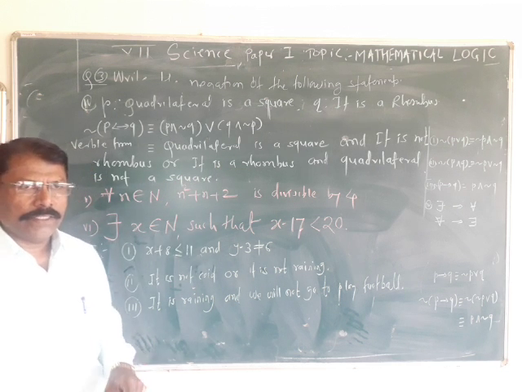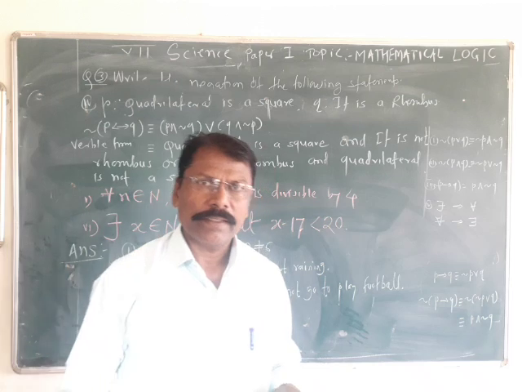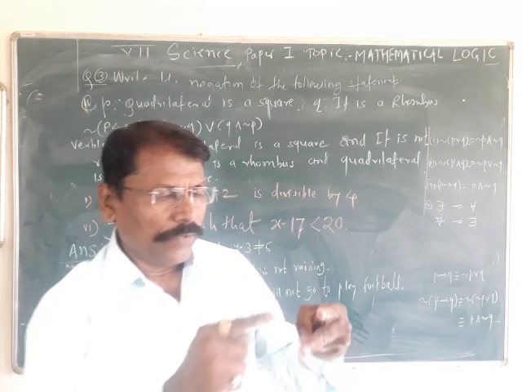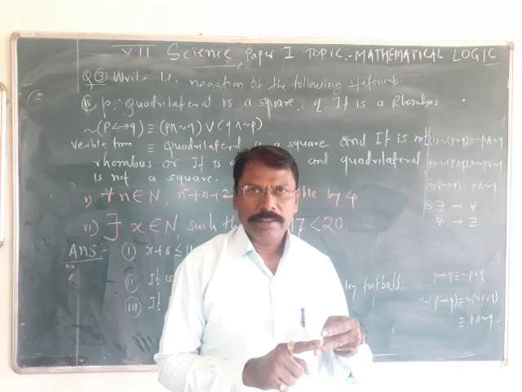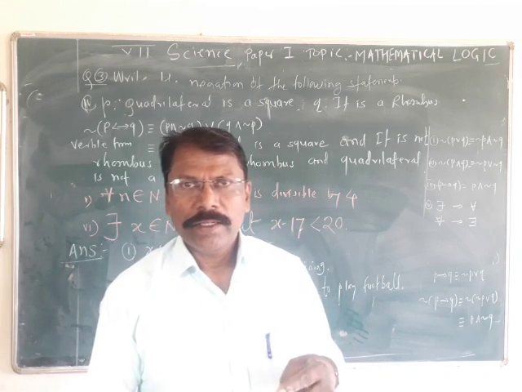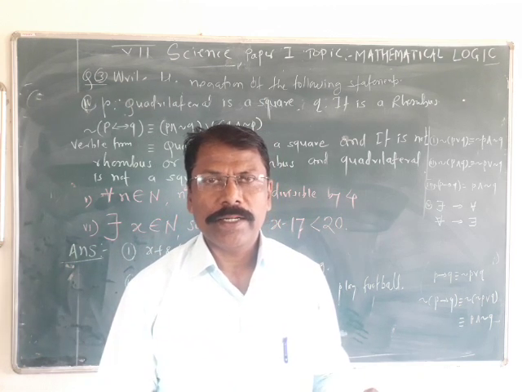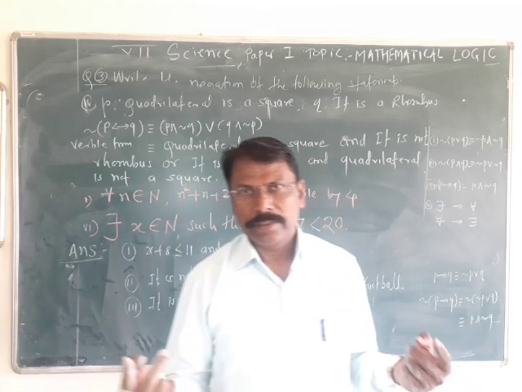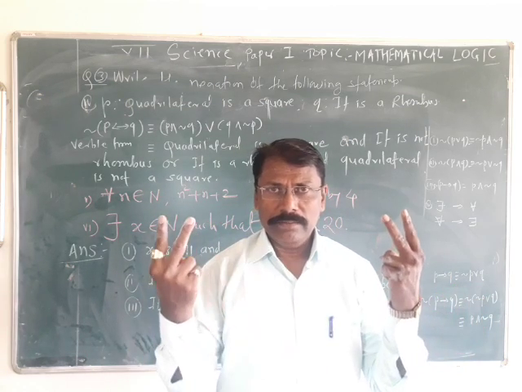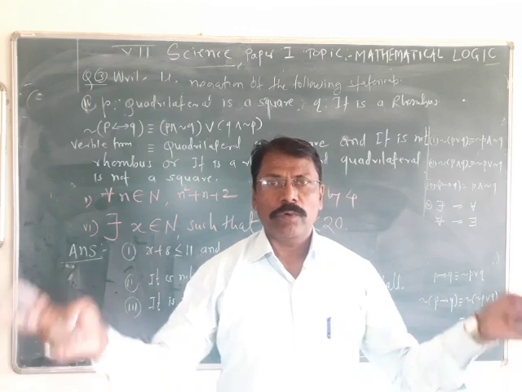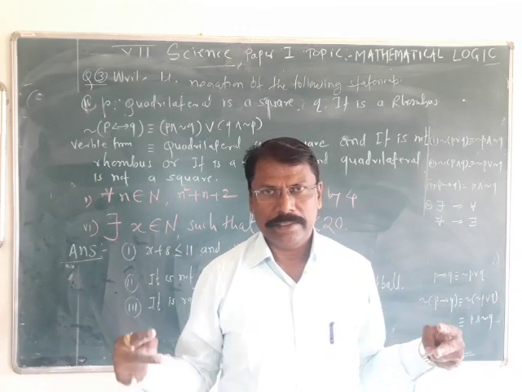So this is a double condition, and that's why there are four sentences. If you write P implies Q, that is two statements, one condition. Q implies P, two statements with one condition. So therefore, the two statements are converted to four because there is a biconditional.